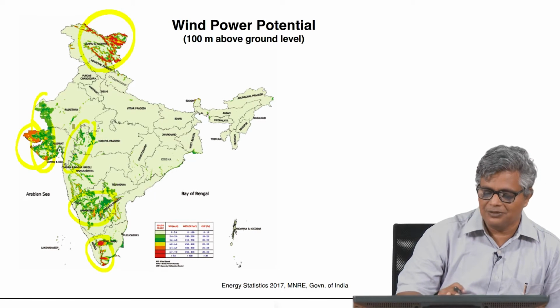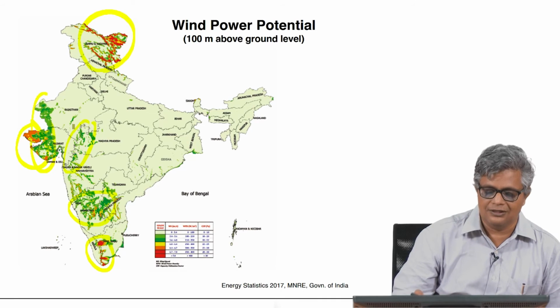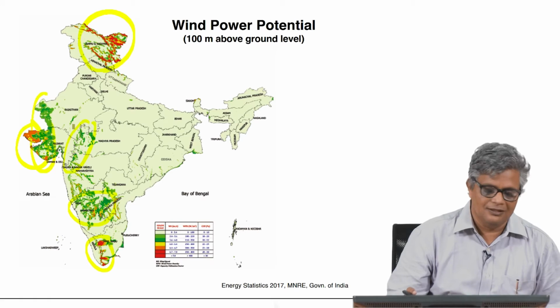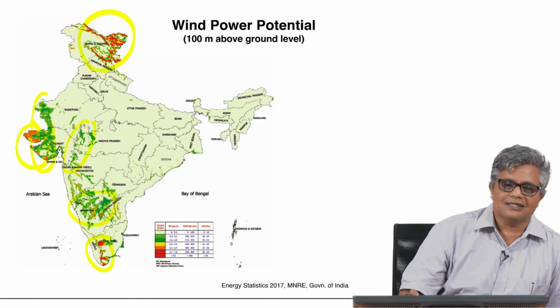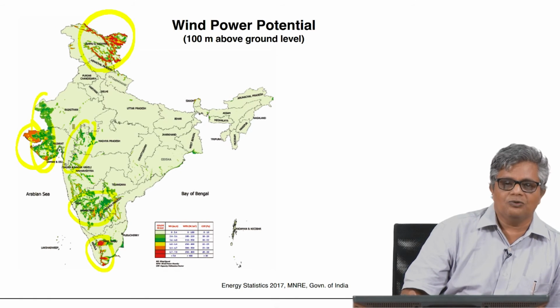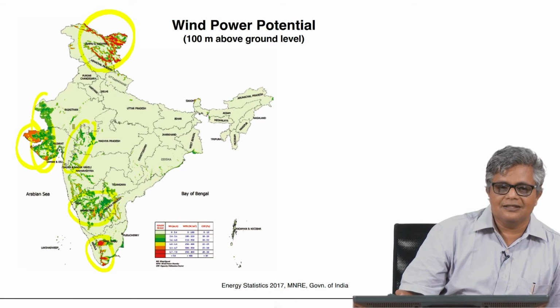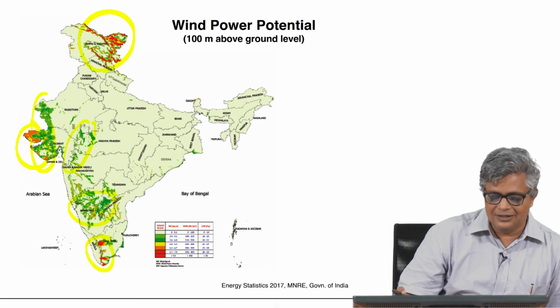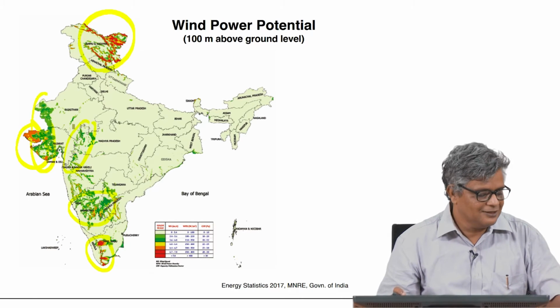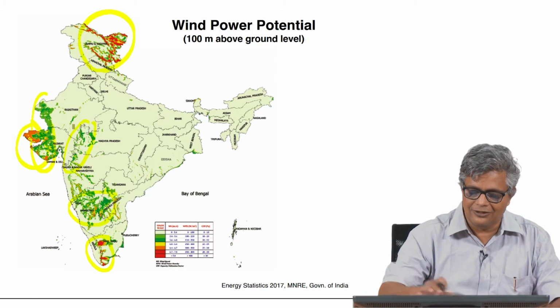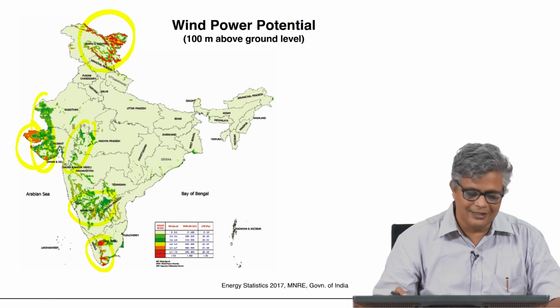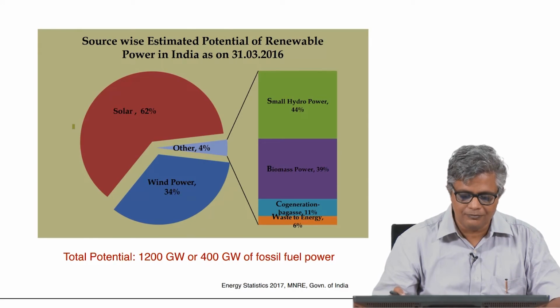But there are many other areas in India where you do not have a lot of wind power. And wind power is something that can be generated only in small quantities compared to thermal power stations, and in that sense it is not easily transportable, it cannot be easily taken from one place to another.